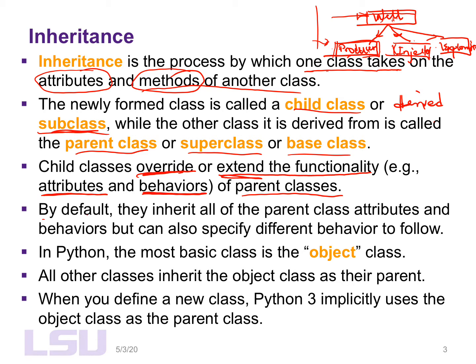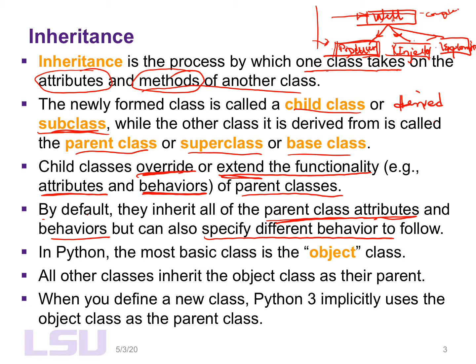By default, the child class will inherit everything in the parent class, meaning the attributes and the behaviors, but can also specify new behaviors. So if you had specified only compute rate in the well parent class, you can put new functionalities, new methods in the producer, new methods like compute injection rate that is unique to the injector.